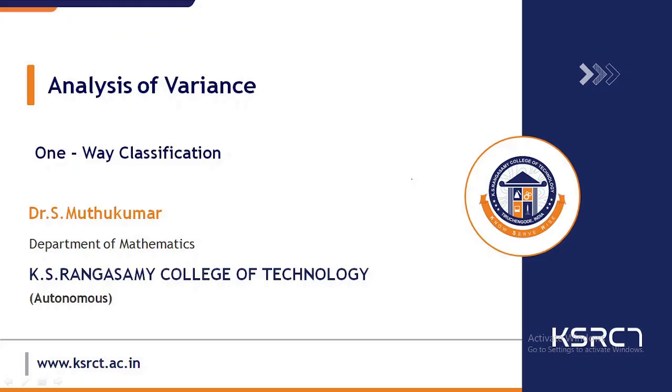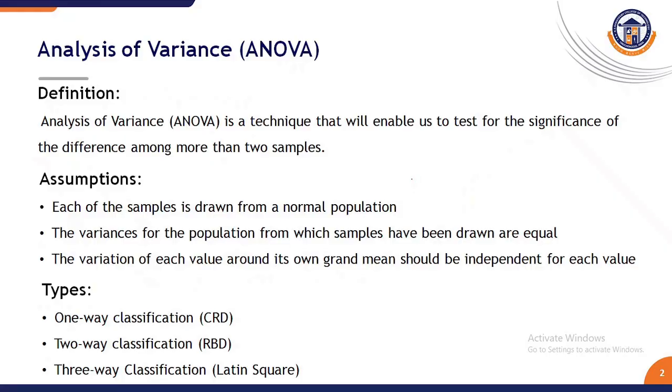In this video, I am going to explain about analysis of variance, particularly one-way classification. What is meant by analysis of variance? It is abbreviated as ANOVA. Analysis of variance is a technique that will enable us to test for the significance of the difference among more than two samples.